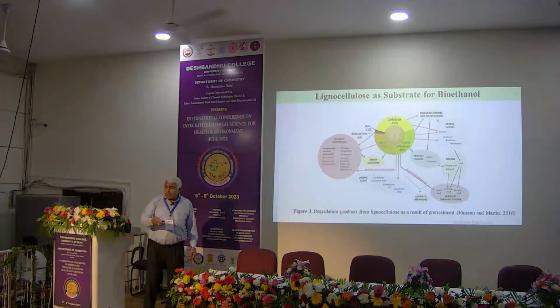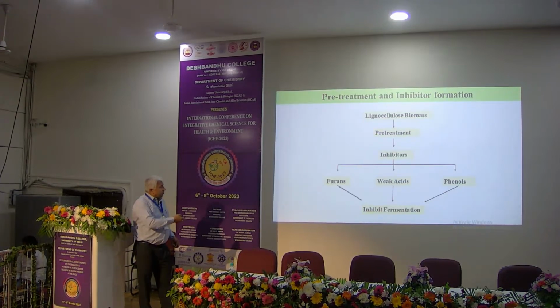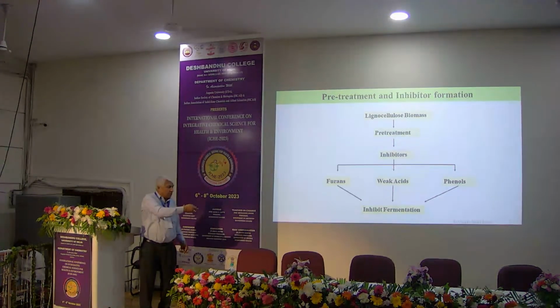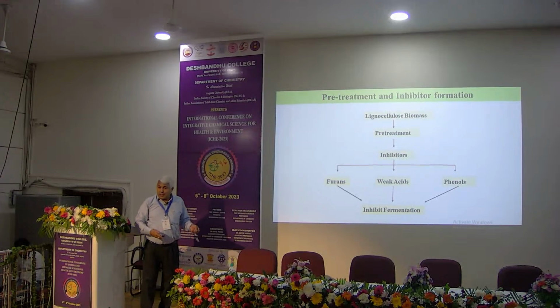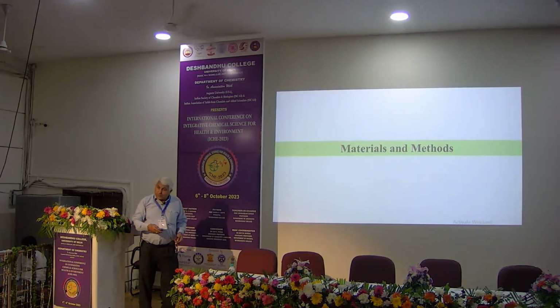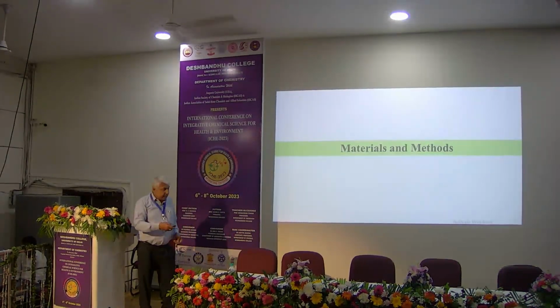But using acidic or alkaline hydrolysis, we also get side products: furan, weak acids, especially acetic acid, and phenols. These are produced during pre-treatment, though sugars are also there. These inhibitors are the main concern for ethanol production.